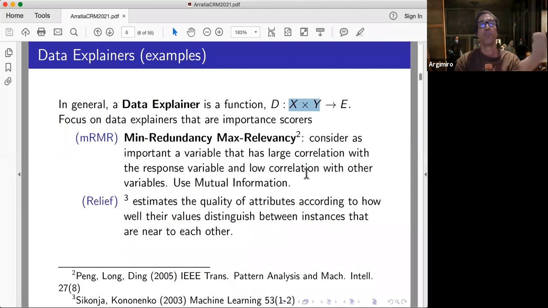By doing the autocorrelation analysis, the typical ACF or PACF test, we say, all right, variables at lag 3 or 4 or 5 seem to be in a causal relationship with the value of my time series today. So that would be a data explainer in a time series scenario, and that's regardless of the model.